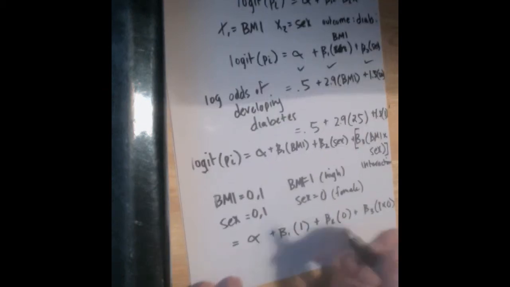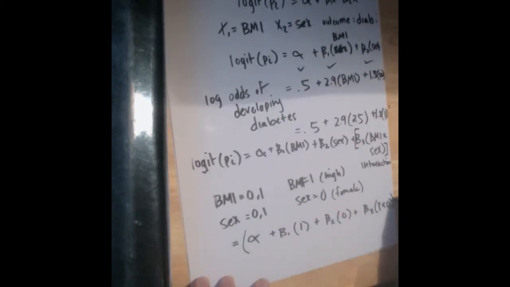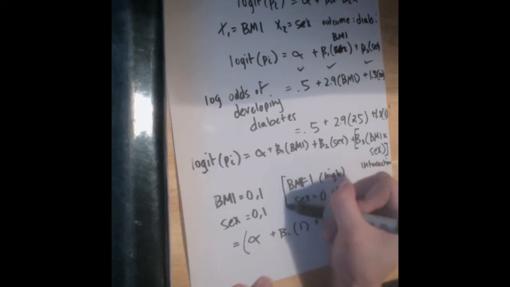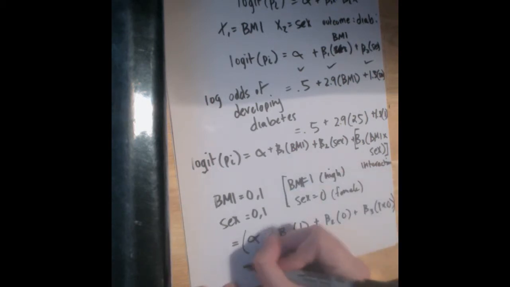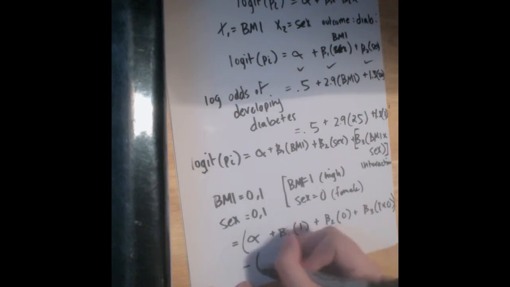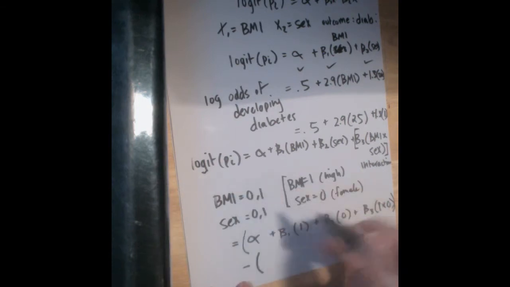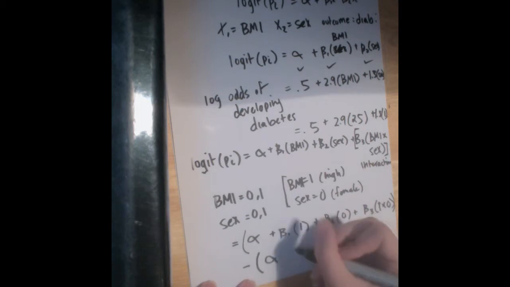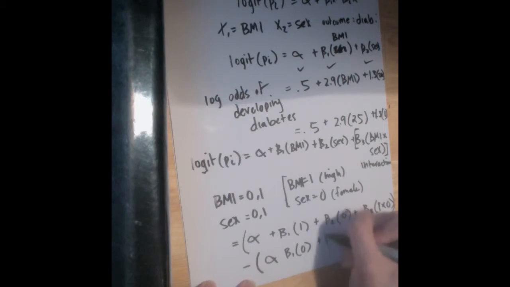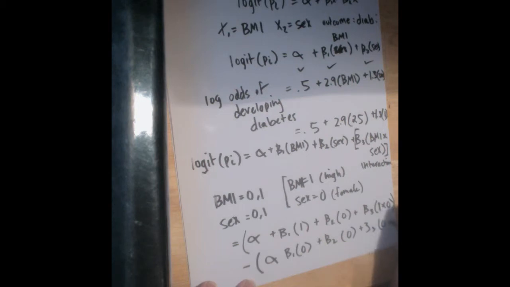That's our equation for this particular scenario. And we're going to subtract off what's called the null equation, which is the equation where both of these things are equal to 0. So we have alpha plus beta 1 times 0 plus beta 2 times 0 plus beta 3 times 0 times 0, so obviously 0.